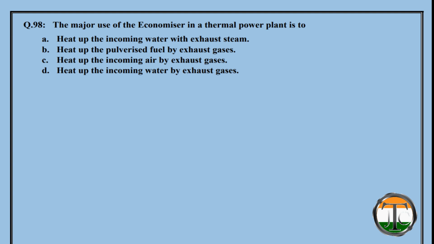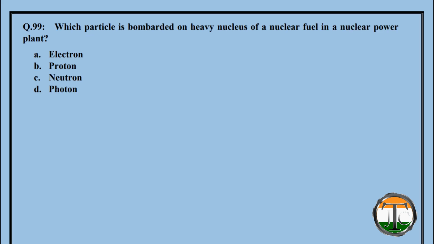So the economizer's main function is to heat the incoming water by exhaust gases. So option D is the right answer.